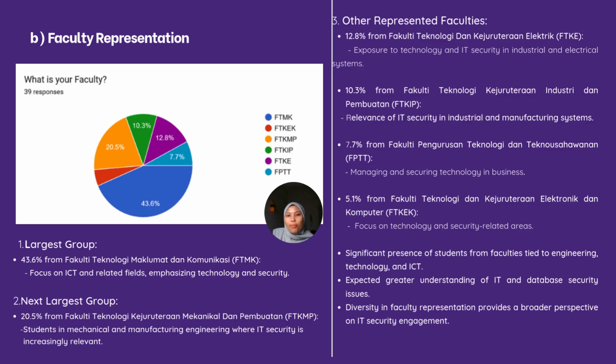Number 5 is Fakulti Pengurusan Teknologi dan Teknousahawanan, which is FPTT, at 7.7 percent, covering managing and securing technology in a business context. And last, FTKEK gets 5.1 percent. They're similar to FTMK, emphasizing technology and security related areas.